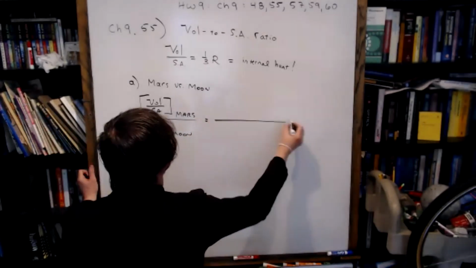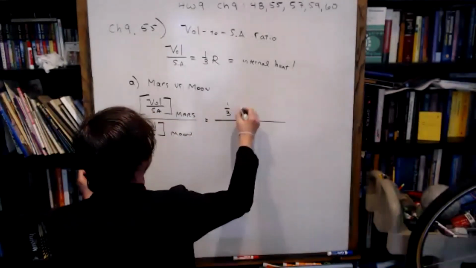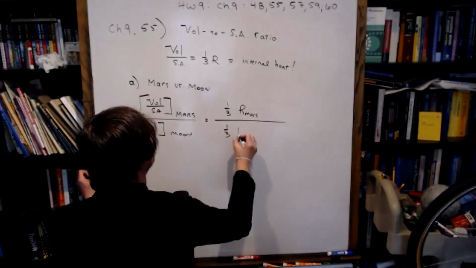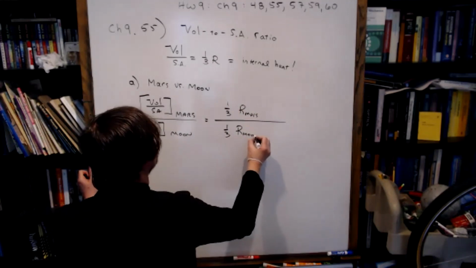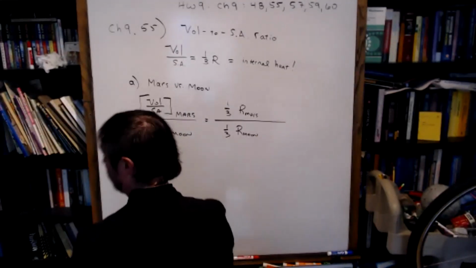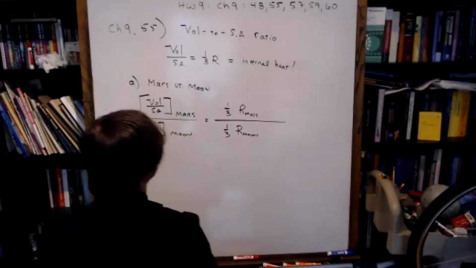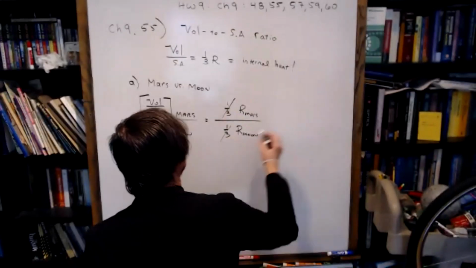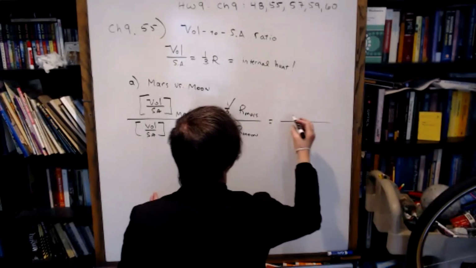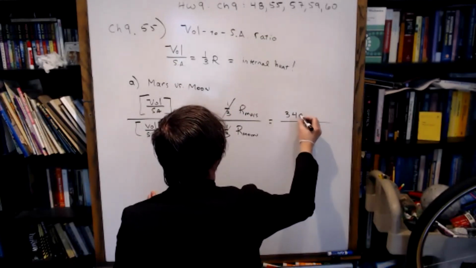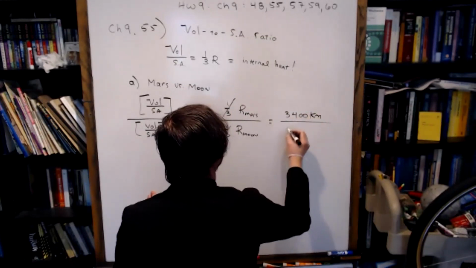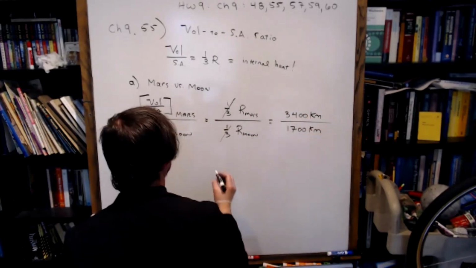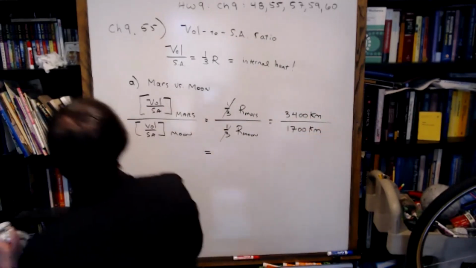And that means at the top, we have 1/3 the radius of Mars over 1/3 the radius of the Moon. The 1/3s will cancel each other out, and I can simply put in the radii of the two planets. The radius of Mars is 3,400 kilometers. The radius of the Moon is 1,700 kilometers. What does that give us?